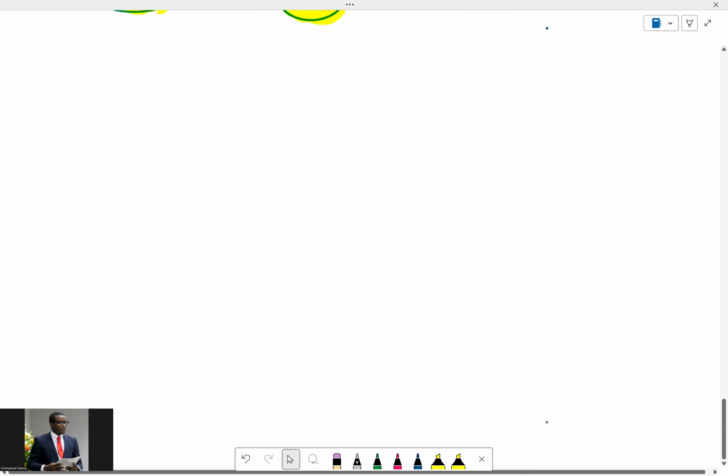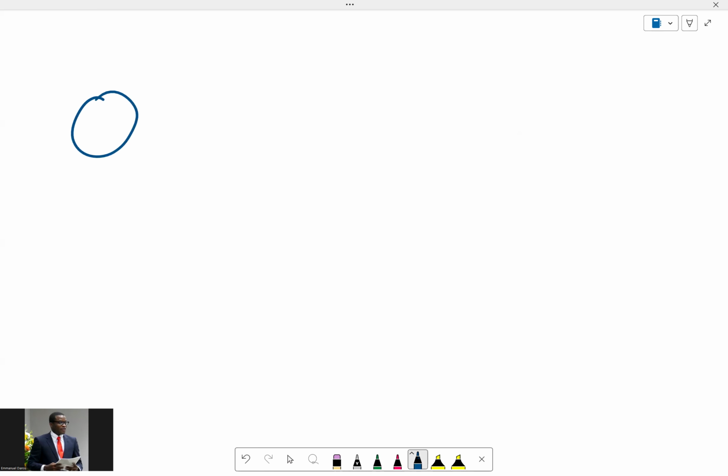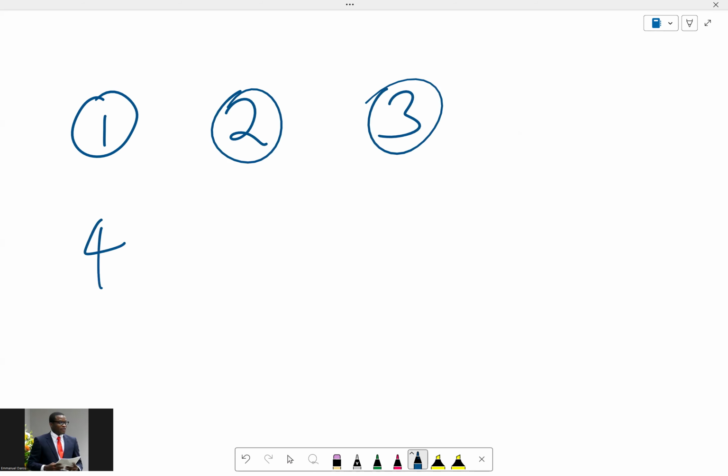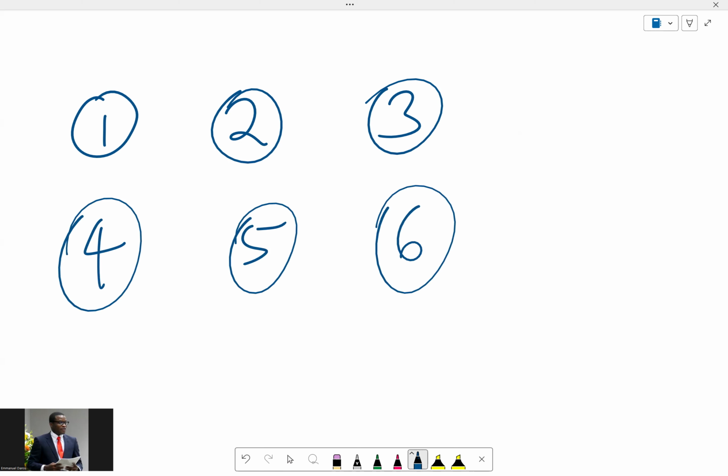Imagine another example. Say you are in a neighborhood where your house is house number one, and then you have house two, house three, house four, house five, house six, and there's also house seven and house eight.